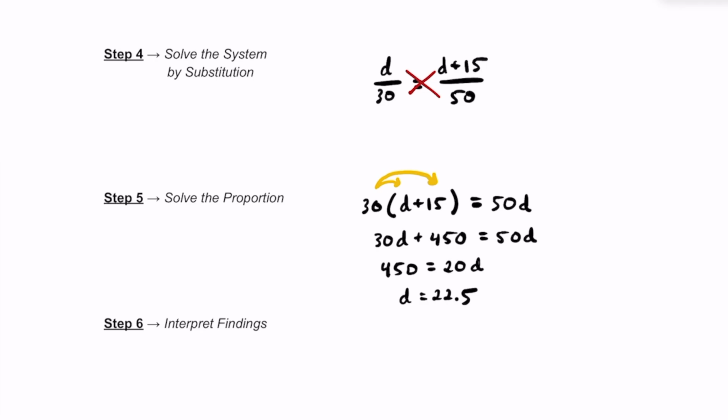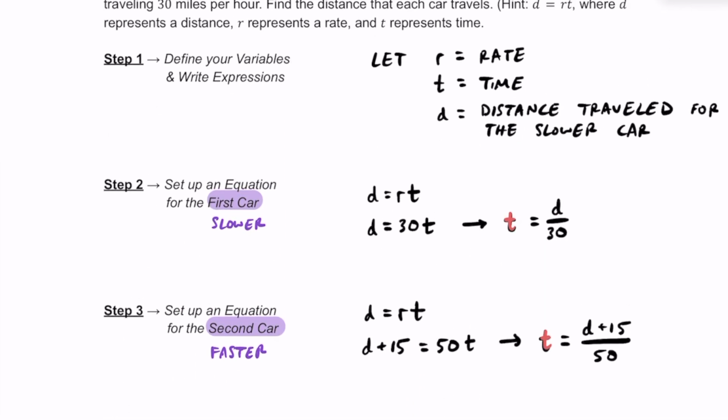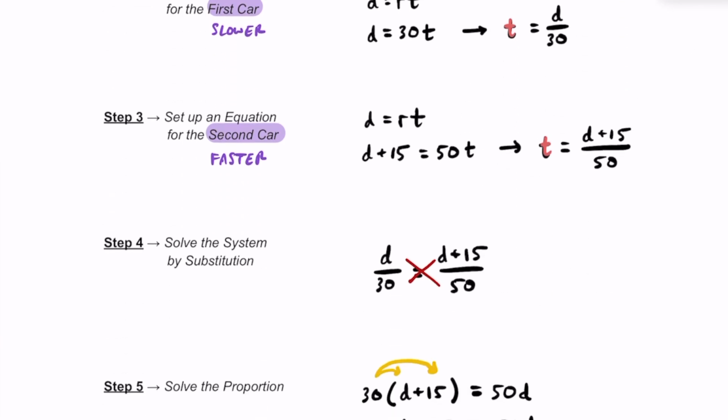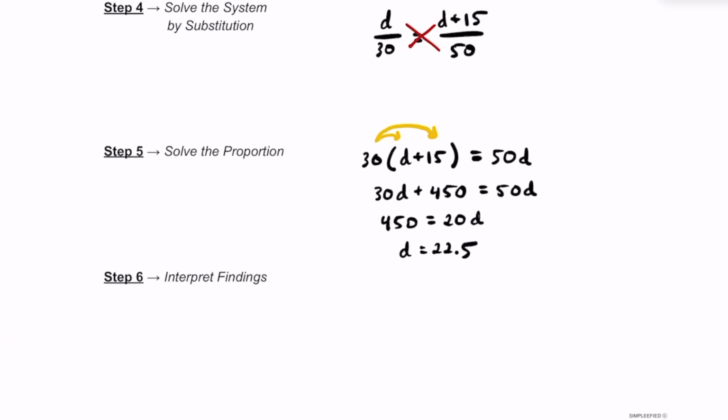Now, what did we define D to be again? Let's go ahead and check back. D is representing the distance traveled for the slower car. So let's say that this 22.5, or we can say the slower car traveled 22.5 miles.